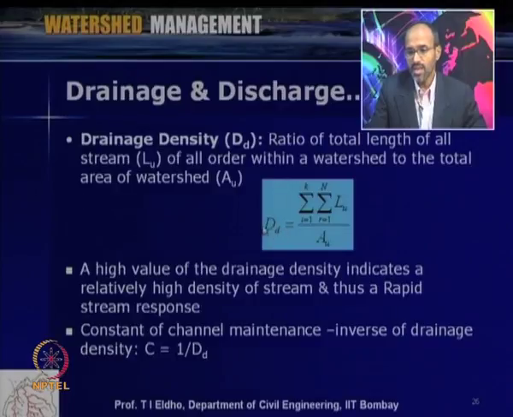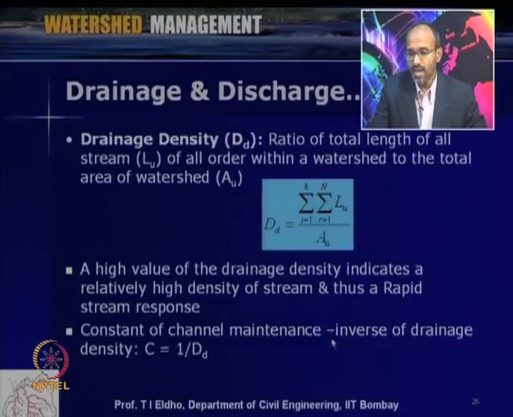So, drainage density can be defined as the sum over i equal to 1 to k, sum over r equal to 1 to n, Lu divided by Au, which gives the ratio of the total length of all streams to the area of the watershed. A high value of drainage density indicates a relatively high density of streams, and a rapid stream response will be there. Say, for example, in this watershed there may be a rapid stream response.